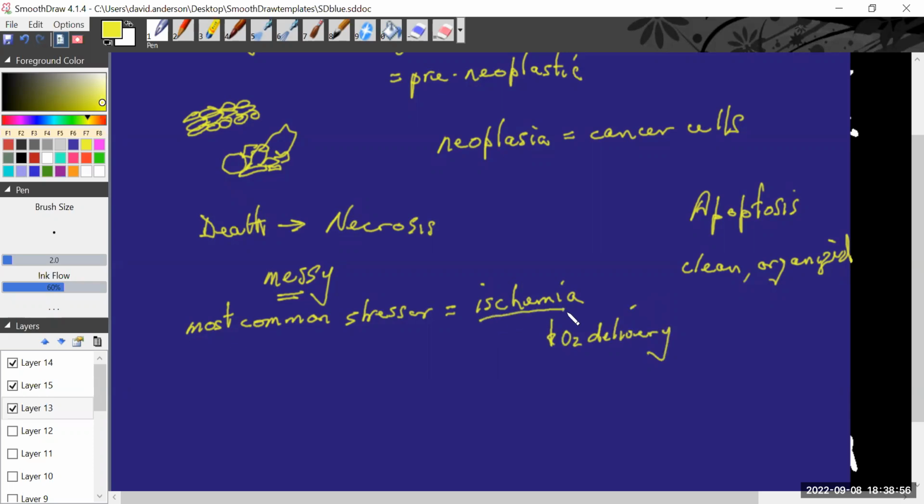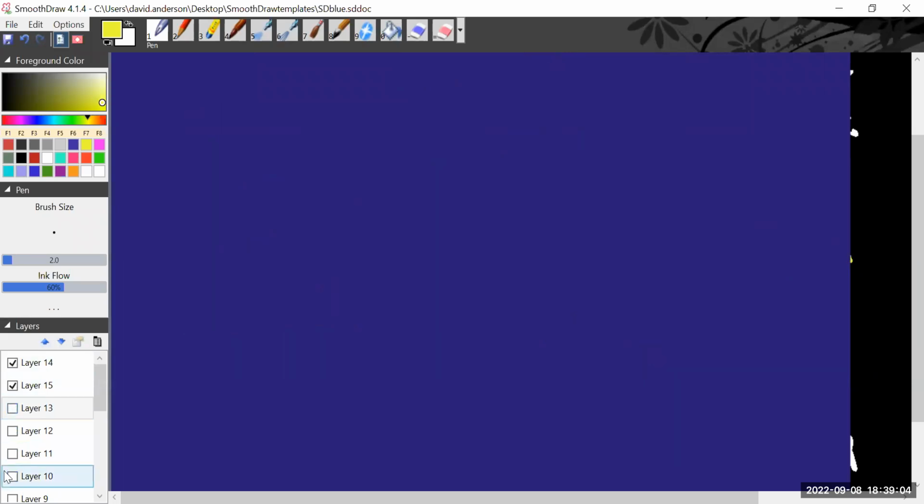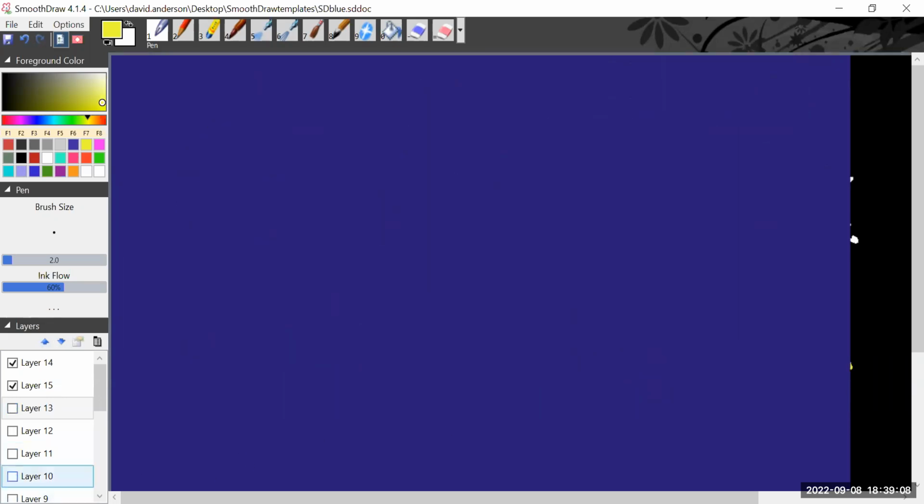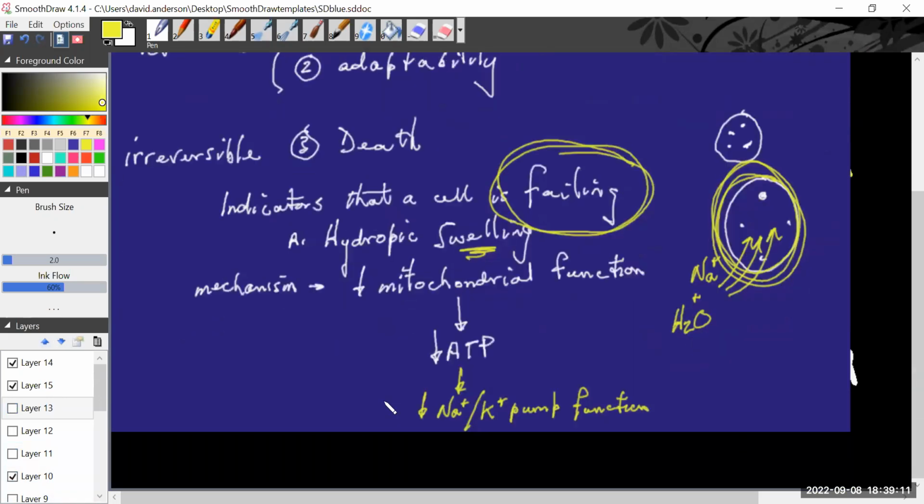We already know the pathway, right? We already talked about the pathway that occurs when there's not enough oxygen, because it's the same pathway that we described here. If there's not enough oxygen, the mitochondria is not going to be able to produce enough ATP. We're going to get sodium-potassium pump failure. We're going to get hydropic swelling.